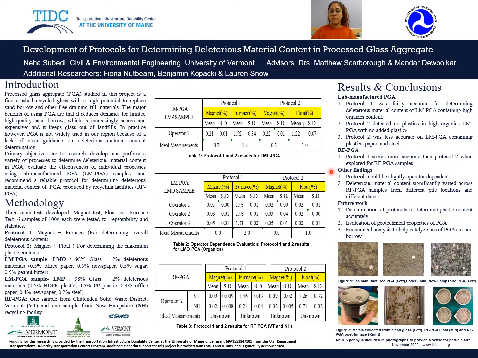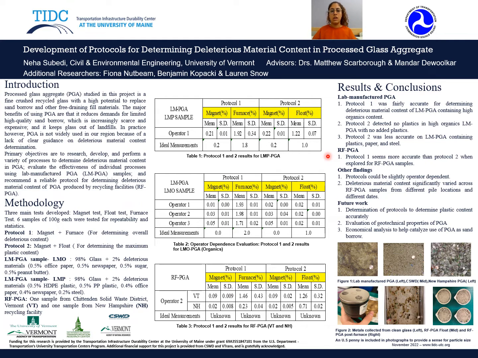Likewise, as we can see here, we could conclude that deleterious material contents significantly vary across RFPGA samples from different pile locations and different dates. Also, from this operator dependence evaluation table, we can say that protocols could be slightly operator dependent.